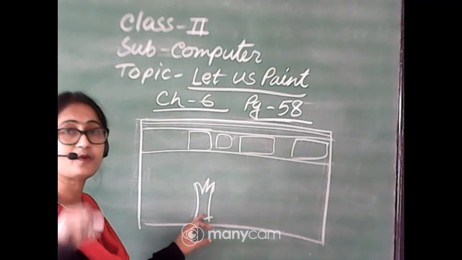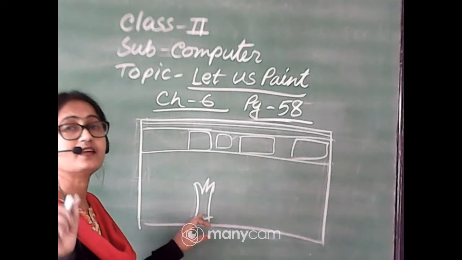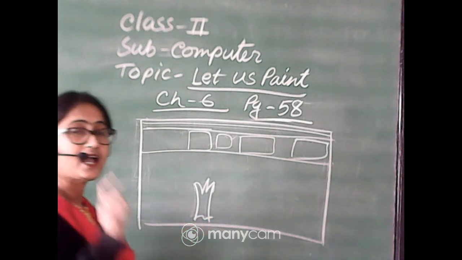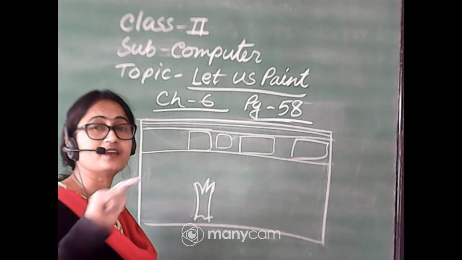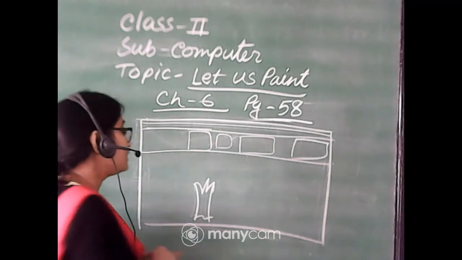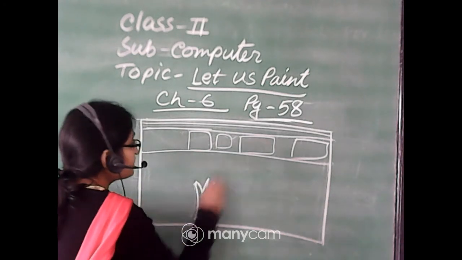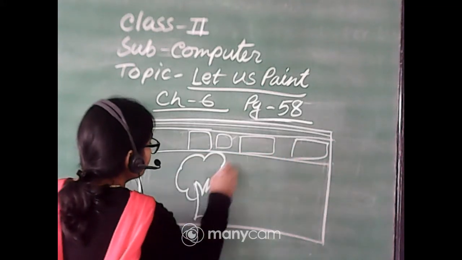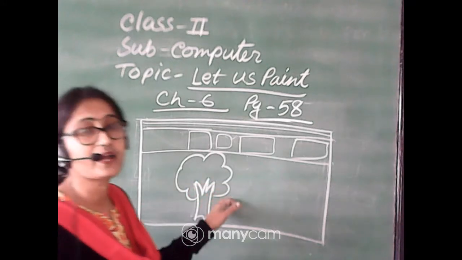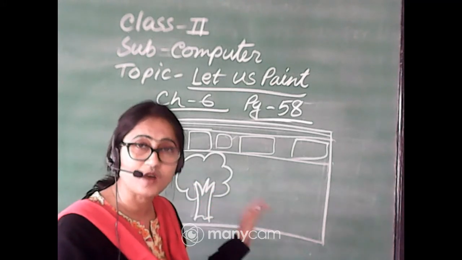You can see the pointer will change to a pencil. That means the pencil tool is selected. Hold down the left mouse button and drag it. In this way you can draw these branches, and then change the color to green to make this one. Using the pencil tool you can draw anything you want to draw.